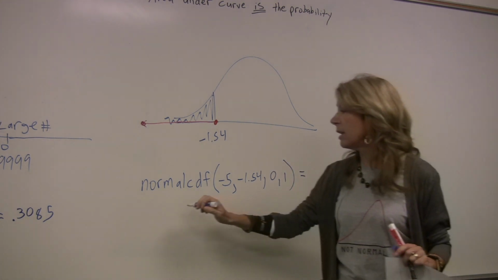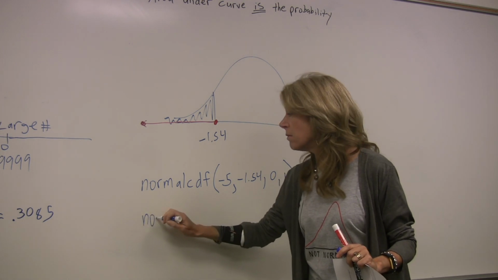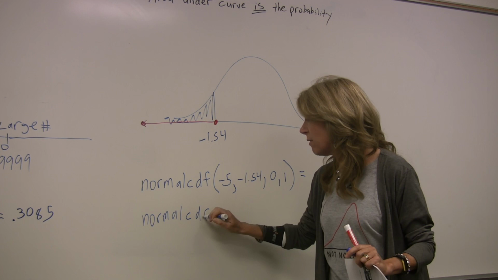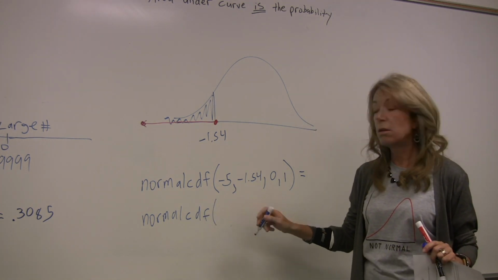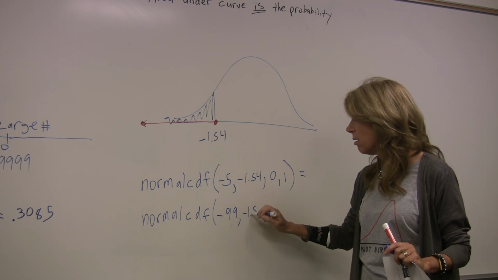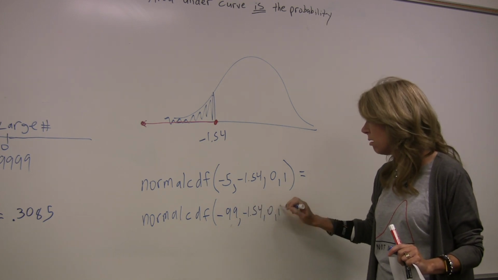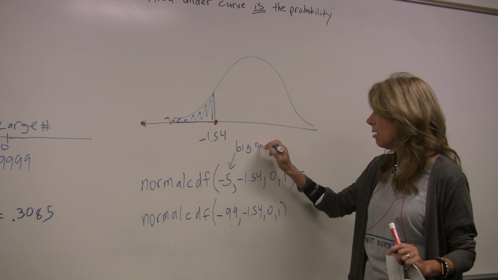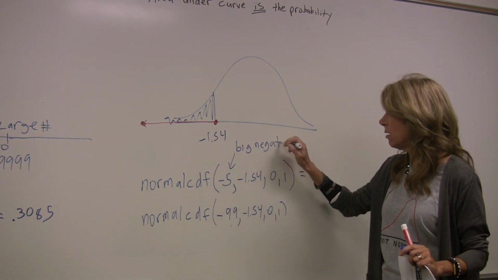Somebody picked a different number than Kevin? He chose -5. Somebody else chose a different one? Negative 99. You did -99? Big negative number.